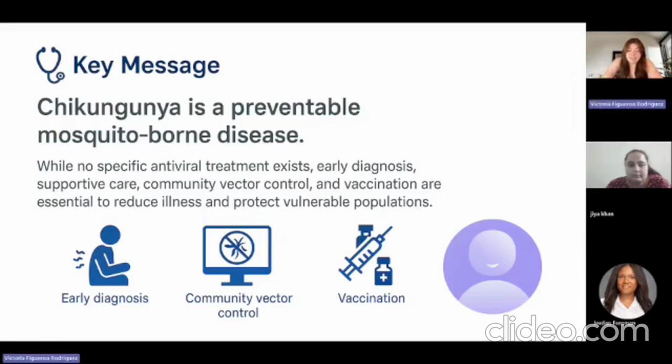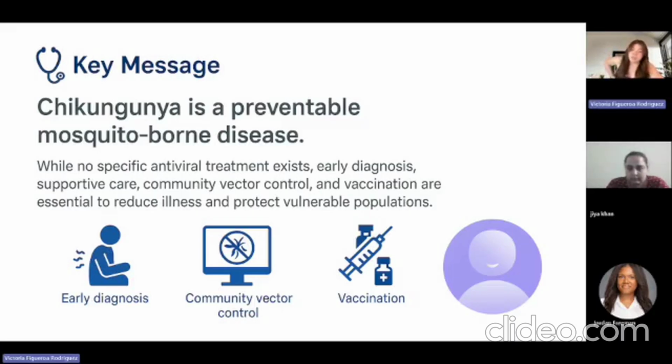The key message about chikungunya is that it is a preventable mosquito-borne disease. Even when it's not 100% preventable, because we can do our best to not get bitten by a mosquito, but it still happens.